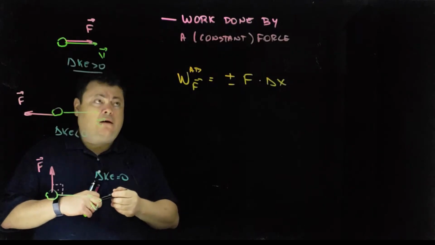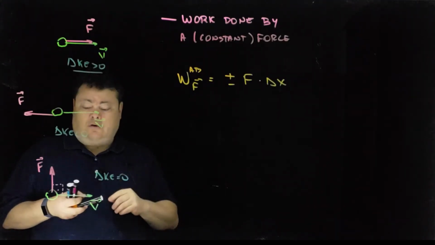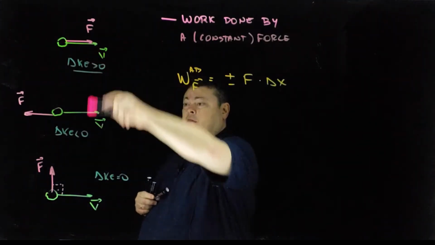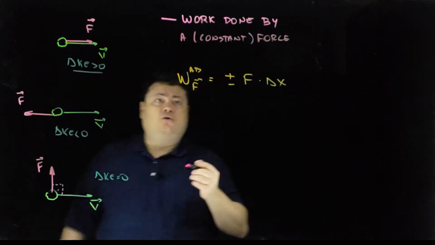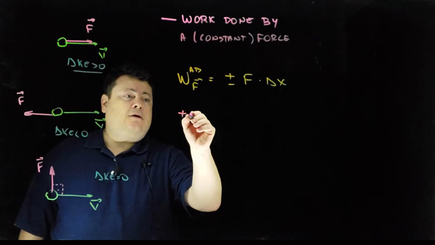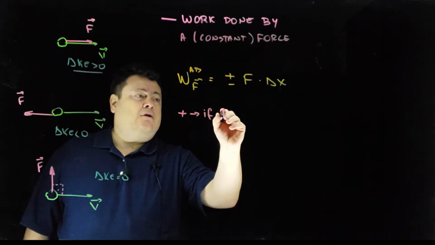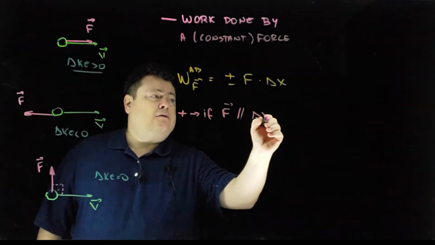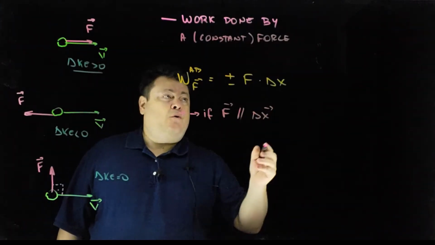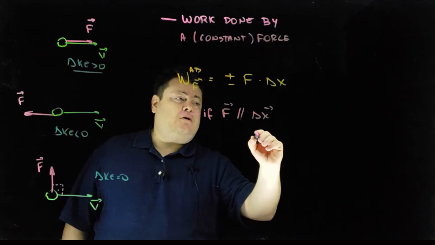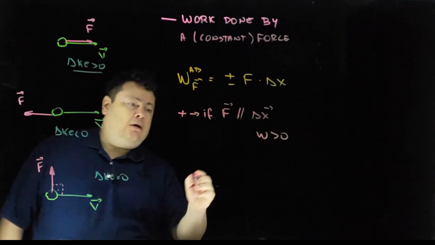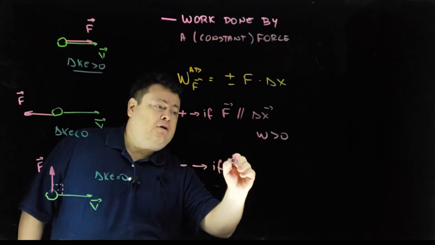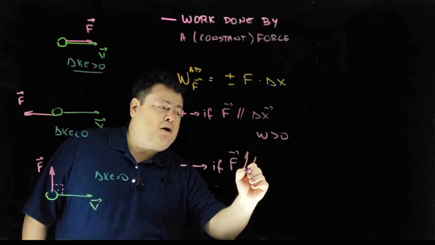Okay? And the choice of the plus or minus should follow this idea here. So plus is if force has the same direction as displacement, which will give me a positive work. The minus should be if force is anti-parallel to displacement.